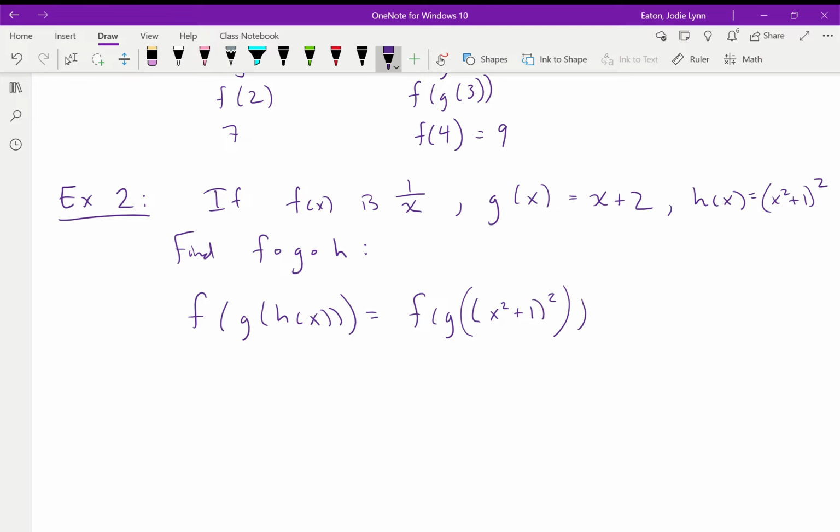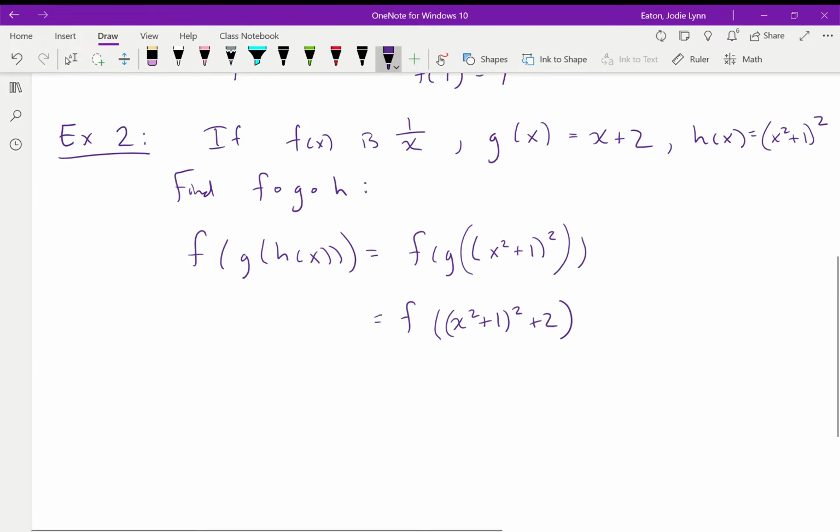So we're taking g of x squared plus 1 squared. g of x is just x plus 2, so all we're going to do is add 2 to that. So this is f of x squared plus 1 squared plus 2.